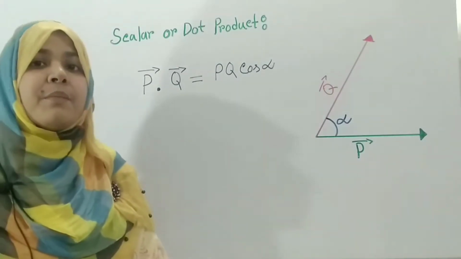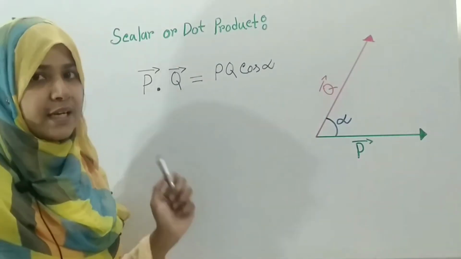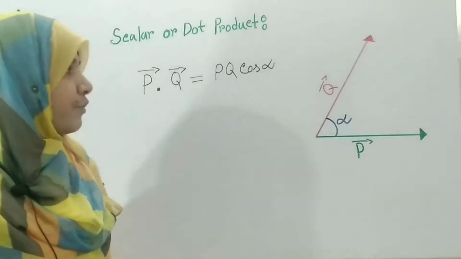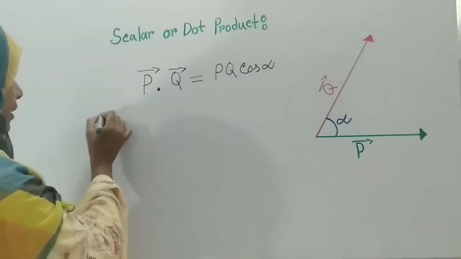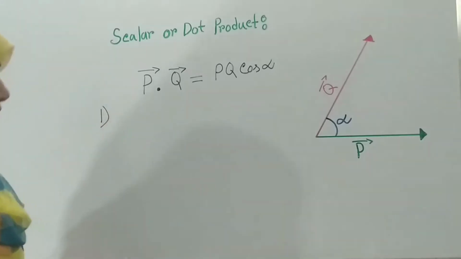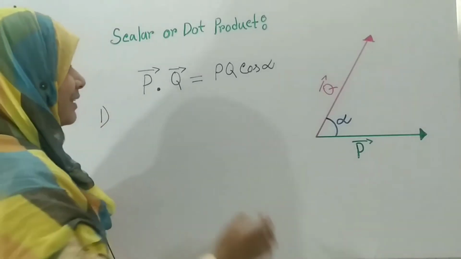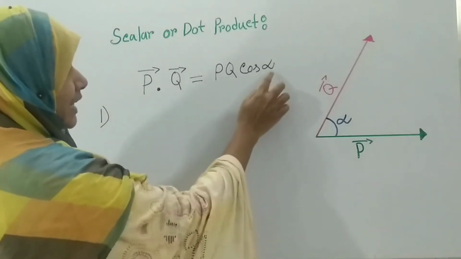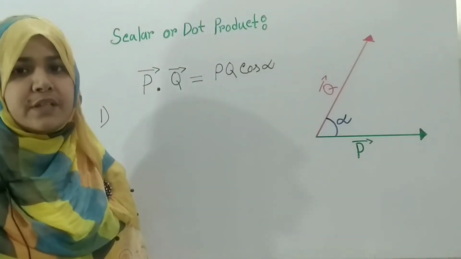There are some special properties of scalar product. First is, from the equation you can see that this product directly depends on the angle between them.